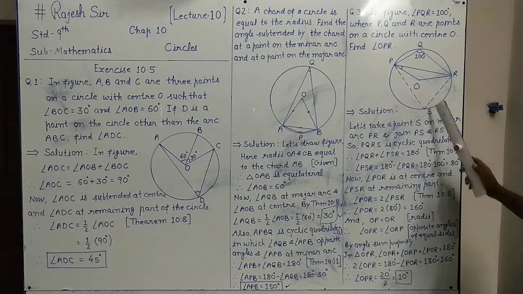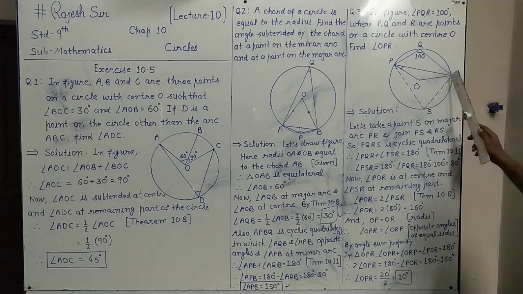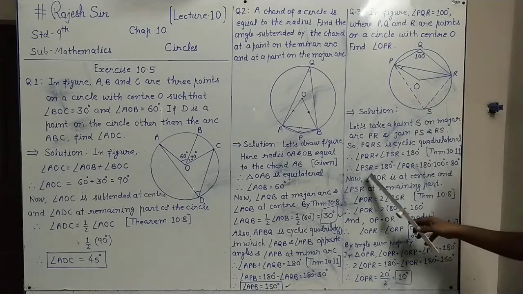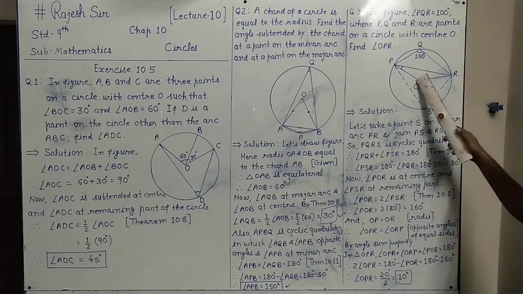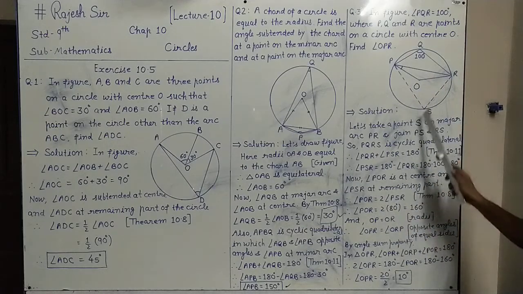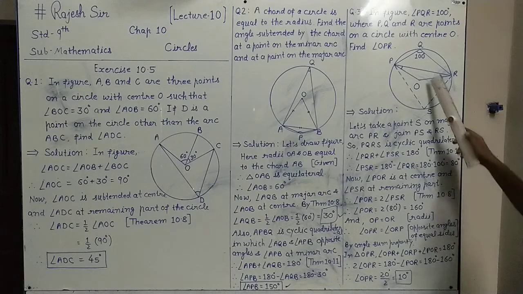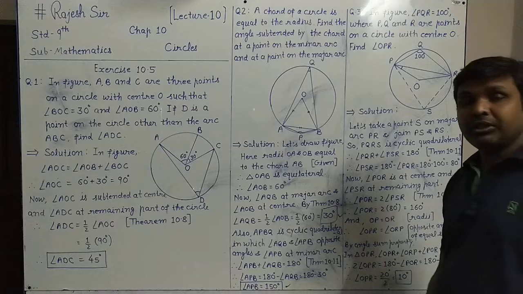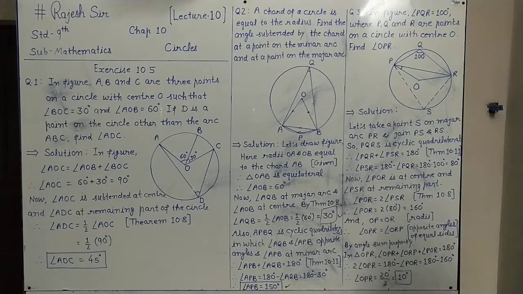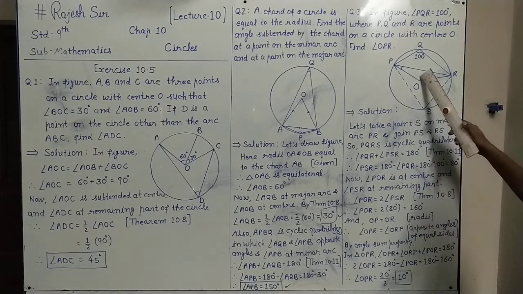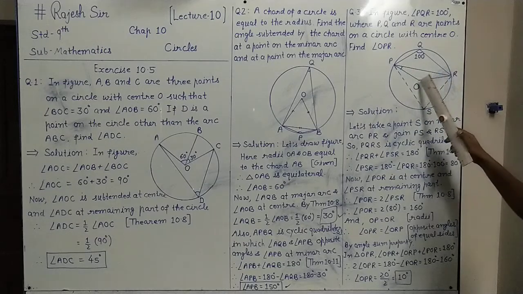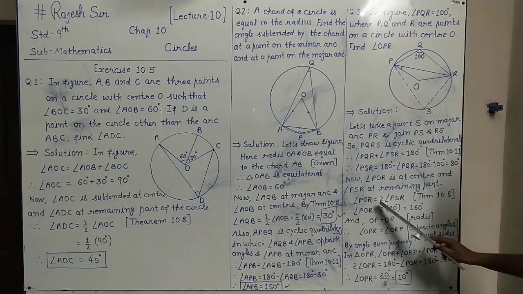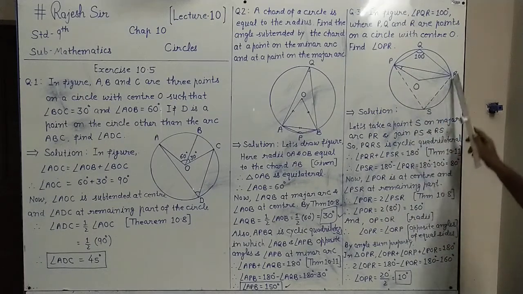Now this angle PSR we know is 80 degrees, and angle POR is the angle at the center. Angle POR is at the center and angle PSR is at the remaining part of the circle. What is the relation between these two angles? By theorem 10.8, the center angle POR is double the angle at the remaining part.